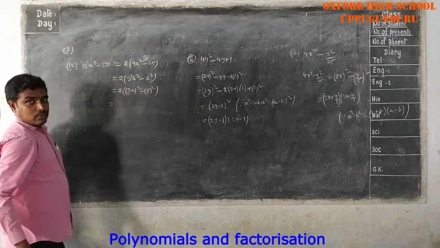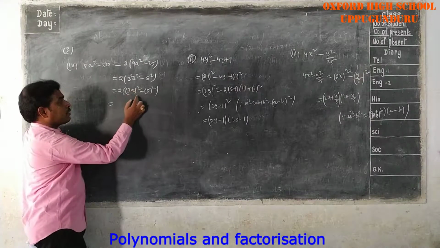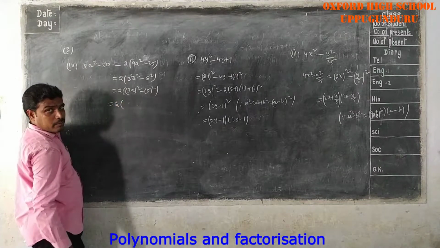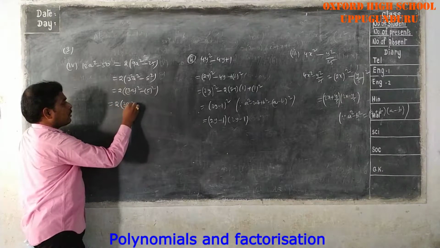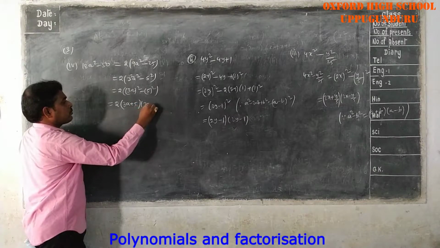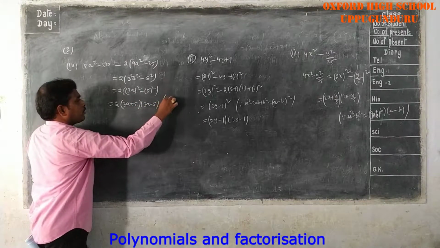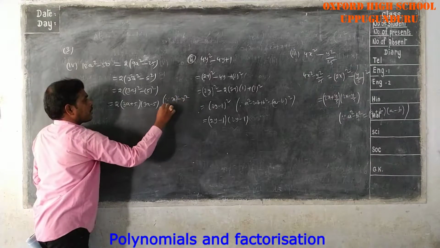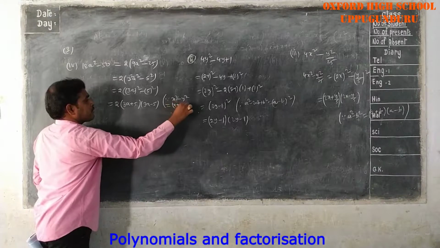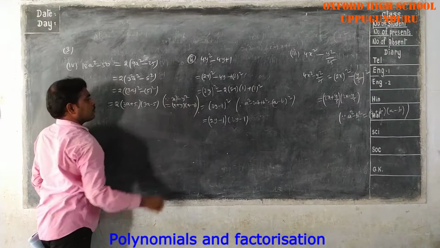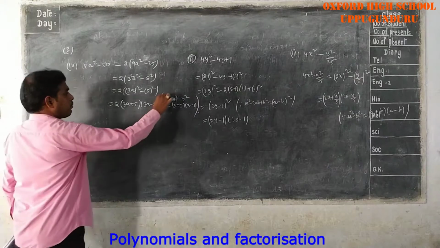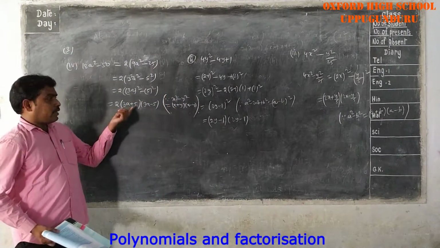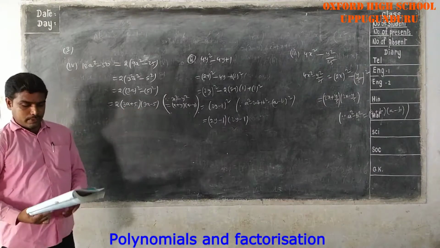When you observe, these two are in the form of x square minus y square. What is the identity of x square minus y square? x plus y of x minus y. So that identity you have to write: x square minus y square equal to x plus y of x minus y. By using this identity, we are splitting 3a whole square minus 5 square as 3a plus 5 into 3a minus 5.